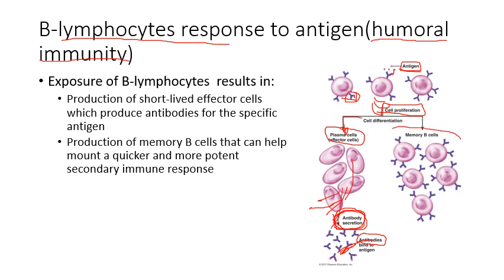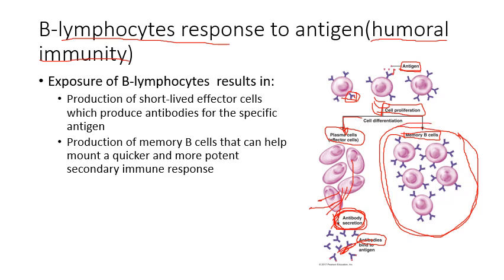Okay, there are also cells that get differentiated to memory B cells. This is important because these cells are available and ready to go if there was to be a second infection by, say, coronavirus.